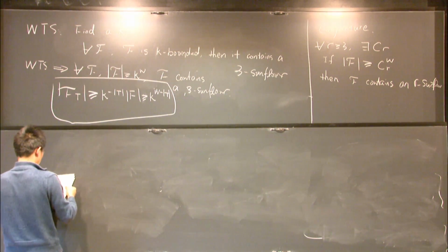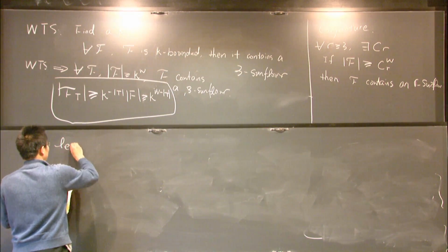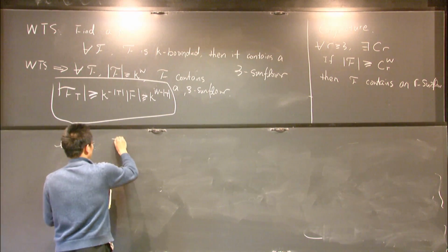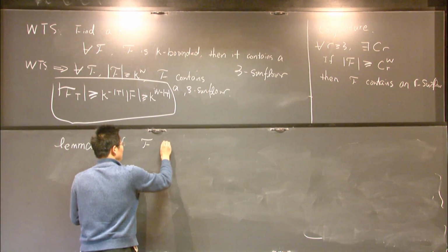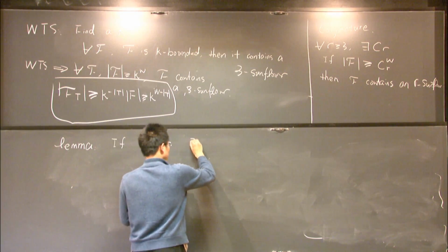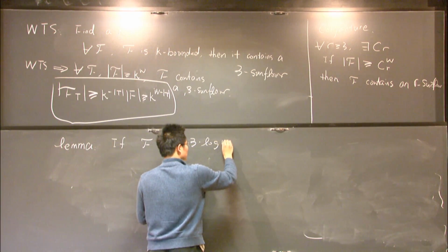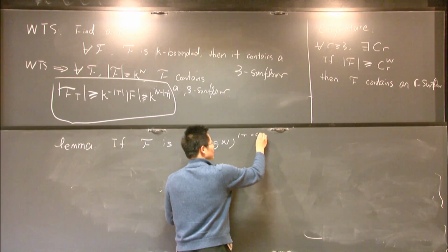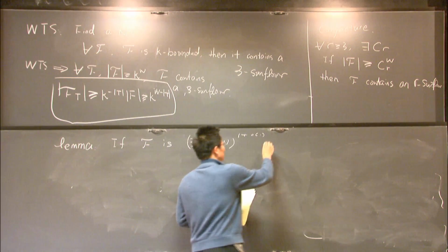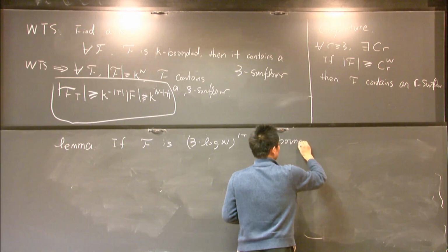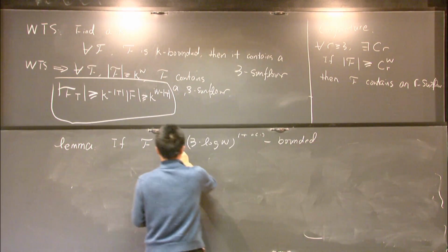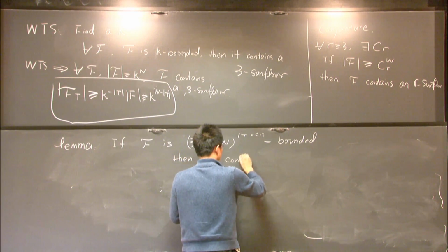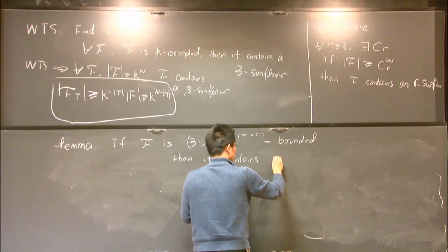Now, with our lemma, if F is 3 times log W, 1 plus little o(1) bounded, and it contains 3 disjoint sets.